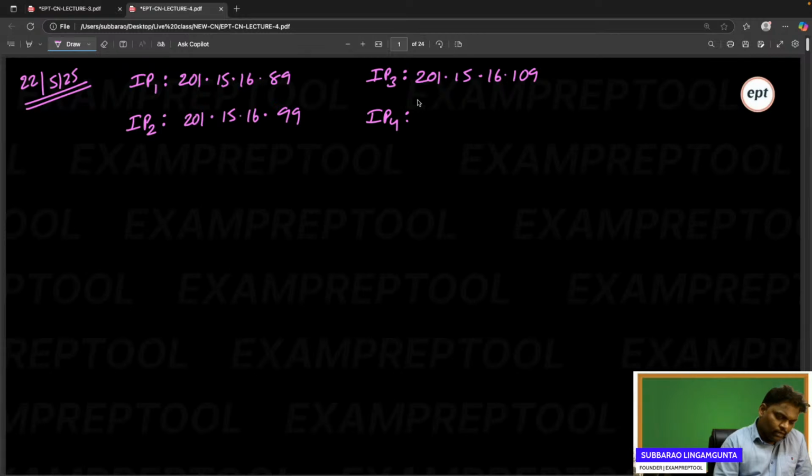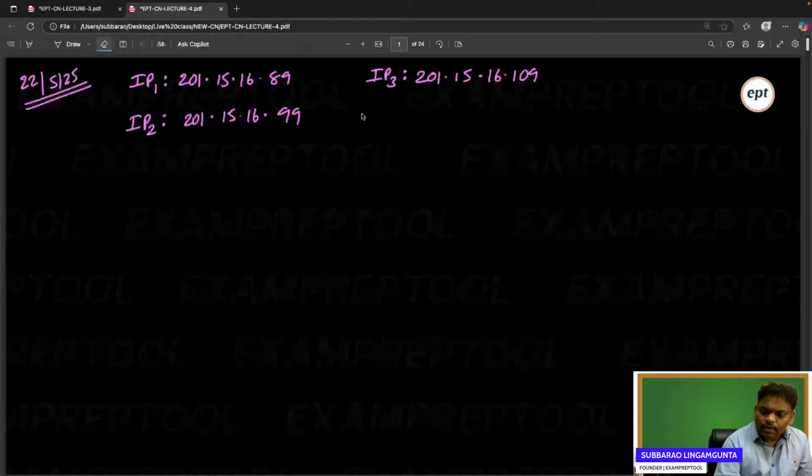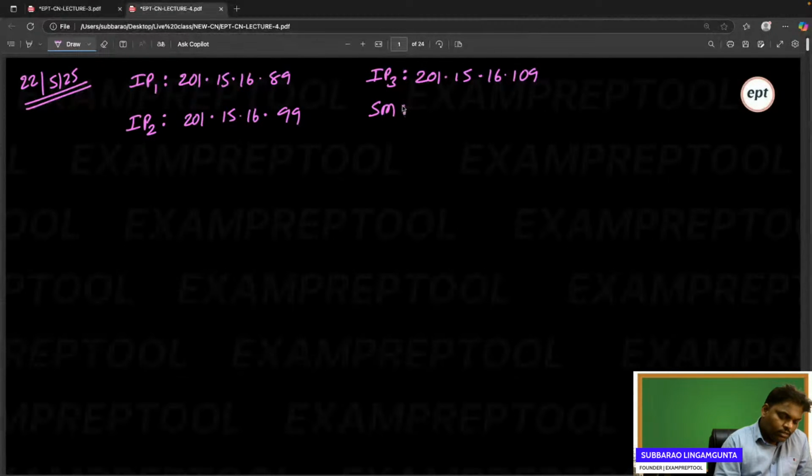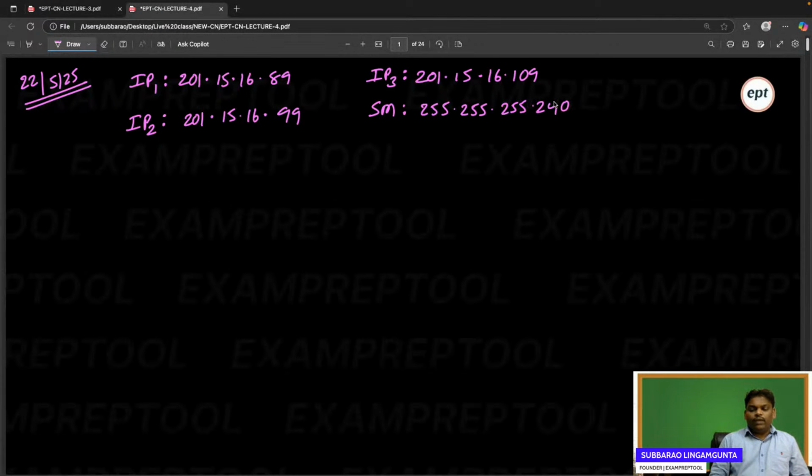I think 3 IPs only. Sorry for that. 3 IPs are given and subnet mask is given as 255, 255, 255, 240. That is the subnet mask given.